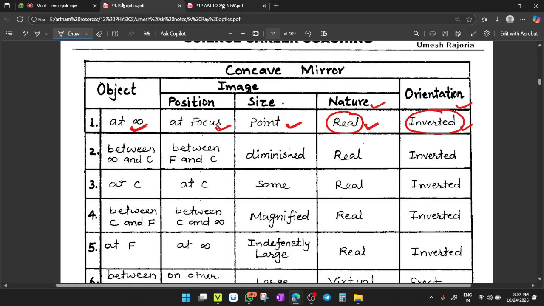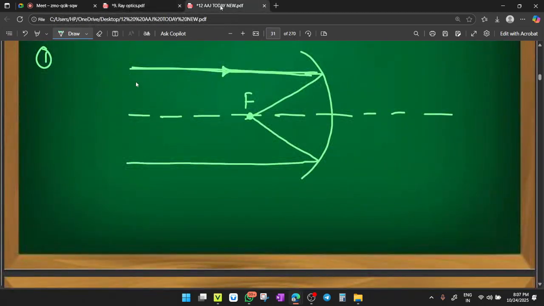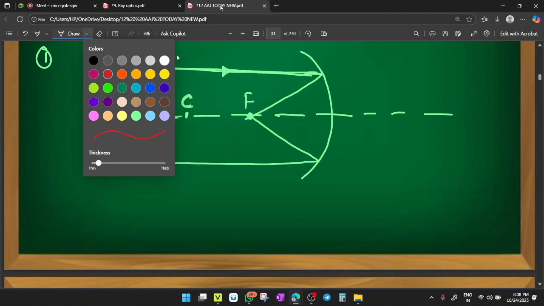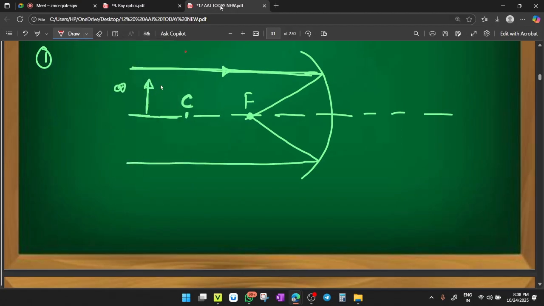Clear? Now, make the object closer than infinity. This point is C, and you have placed your object here. This position is between infinity and C. Now make a ray diagram. All the ray diagrams are in your reference book, not in NCERT, but in a reference book.